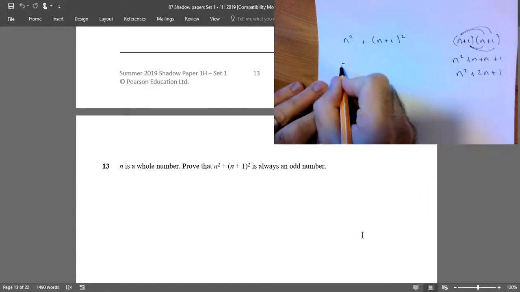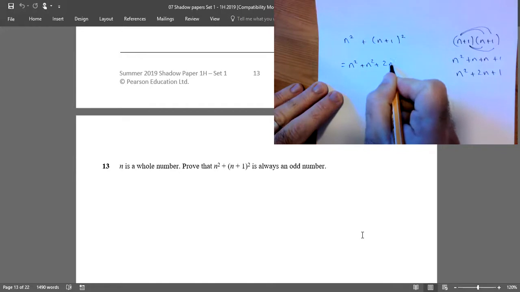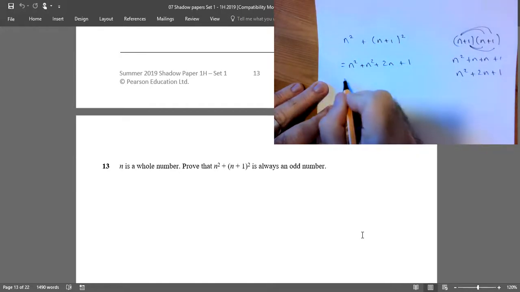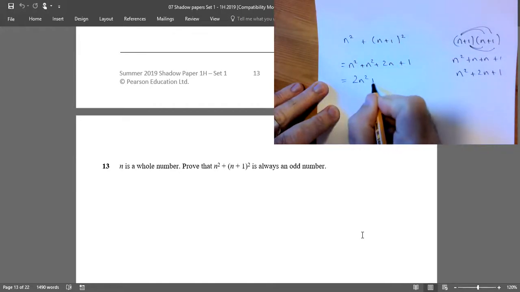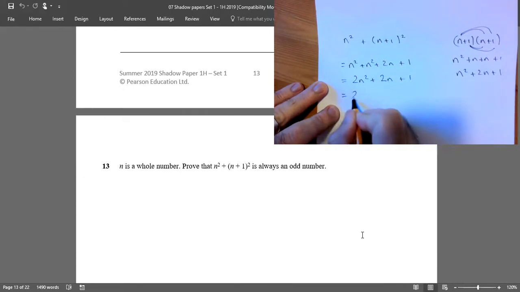So this now becomes n squared plus n squared plus 2n plus 1, which is 2n squared plus 2n plus 1, which is 2 lots of n squared plus n plus 1.